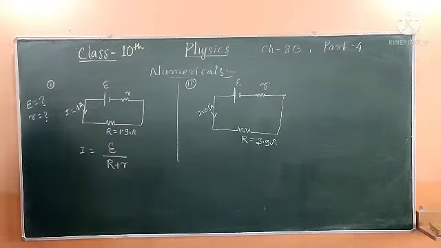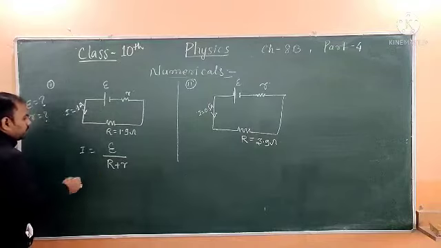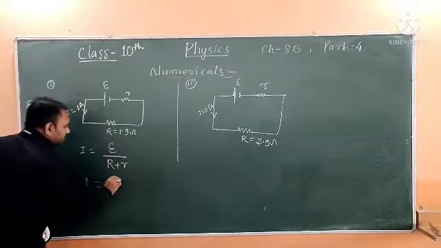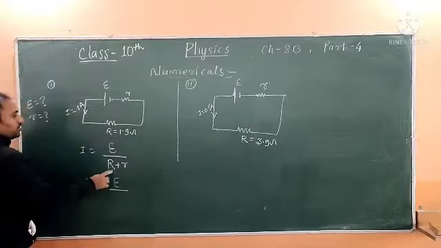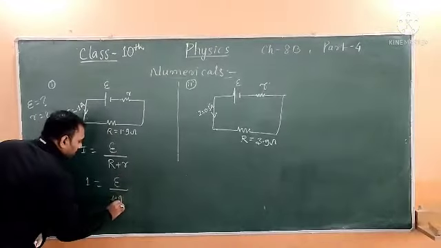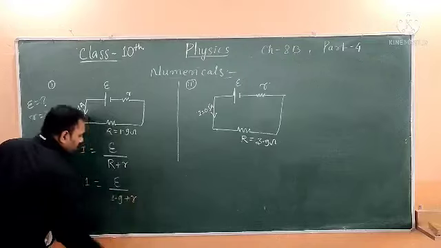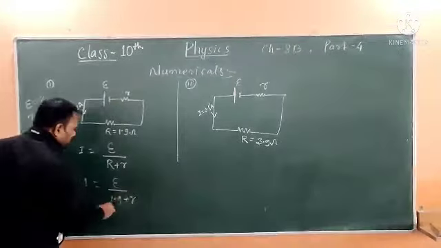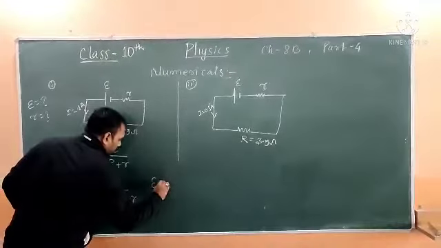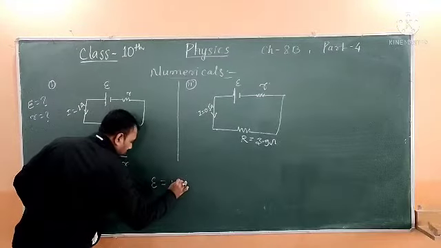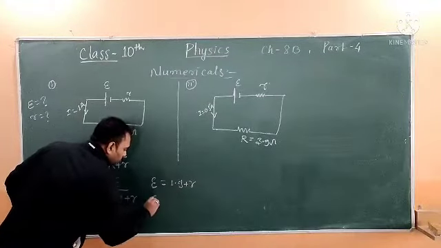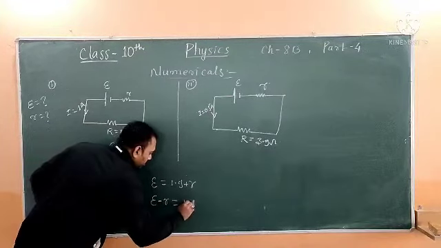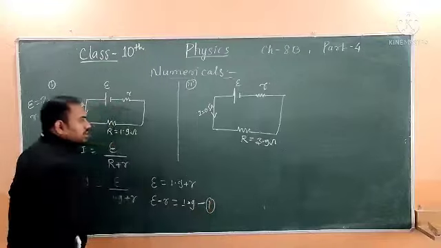So from here we put the value of I, that is 1, equal to EMF upon 1.9 plus r. There will be an equation: E is equal to 1.9 plus r. So E minus r is equal to 1.9. This will be the first equation.